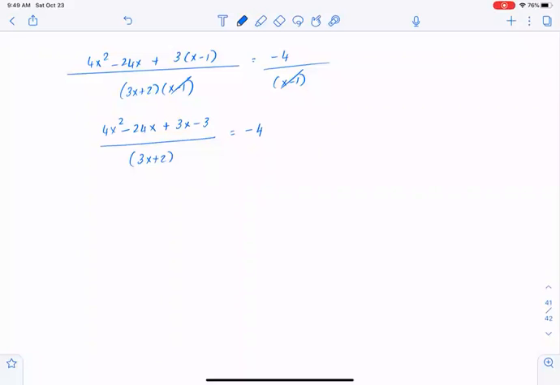I'm going to multiply both sides by 3x plus 2 so that I can isolate the factors. 4x squared minus 24x plus 3x minus 3 would equal minus 4 times 3x plus 2, which would mean 4x squared minus 24x plus 3x is 21x minus 3 would equal minus 12x minus 8.